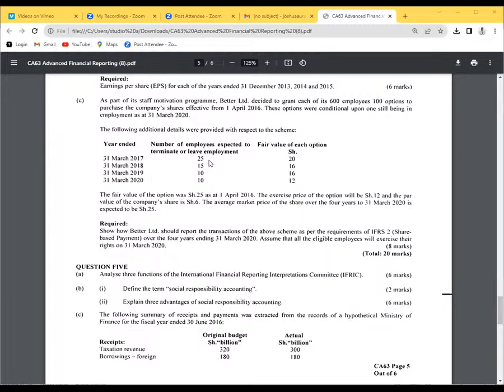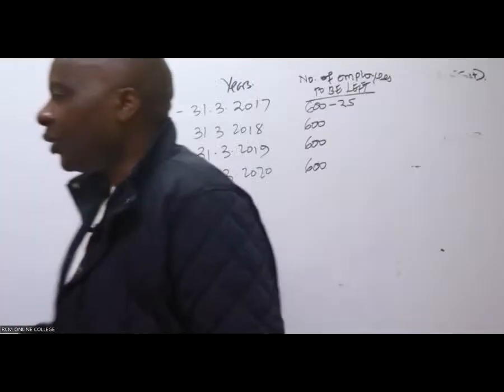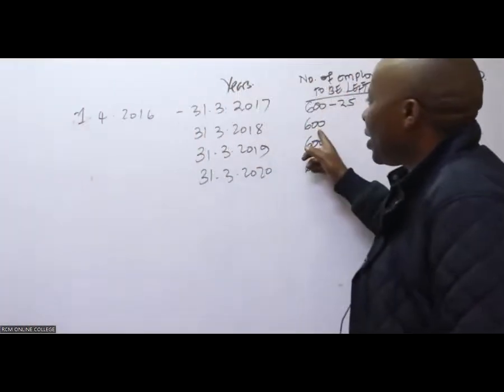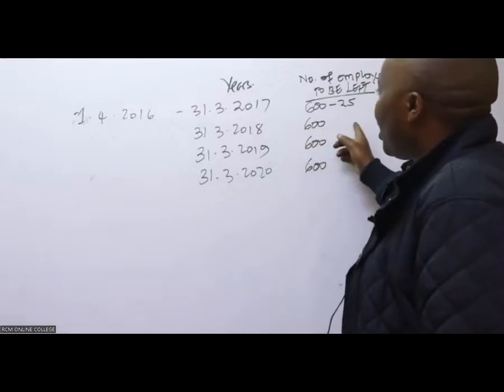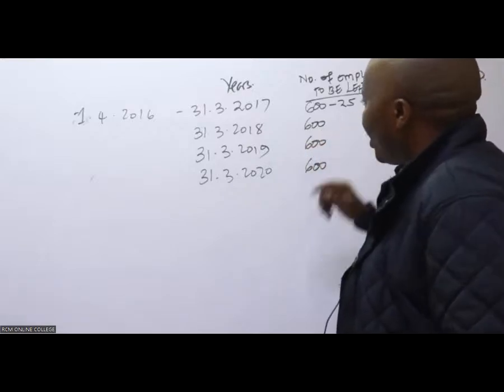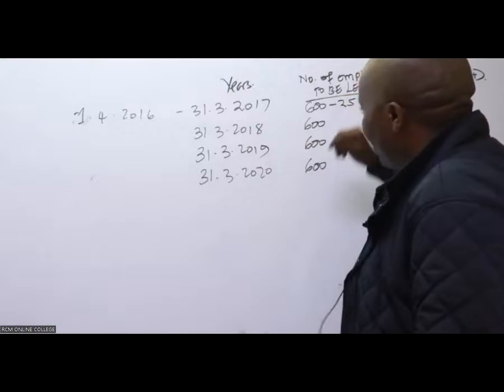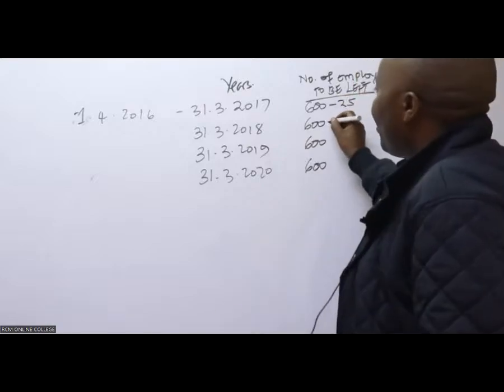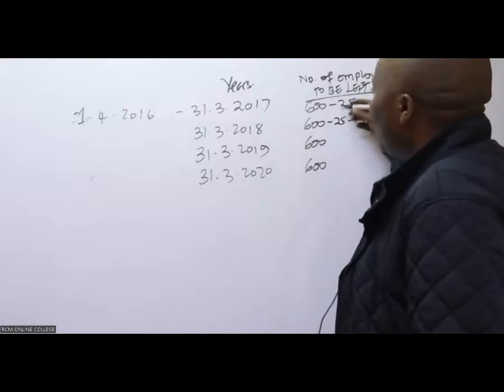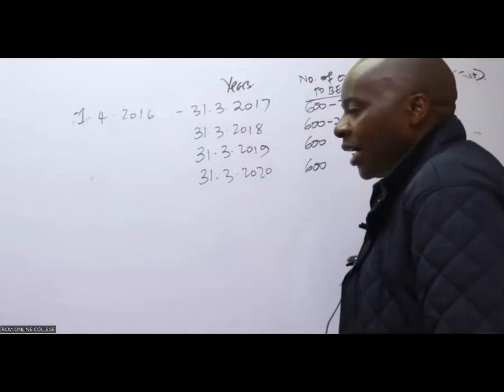All right. So when you go to 2018, we expect 15 to leave. But remember, you have decided to start with 600. So if 15 leave in the second year, then I have to remember that I lost this 25 here. So 600 minus 25, because they have given us the actuals for each year.